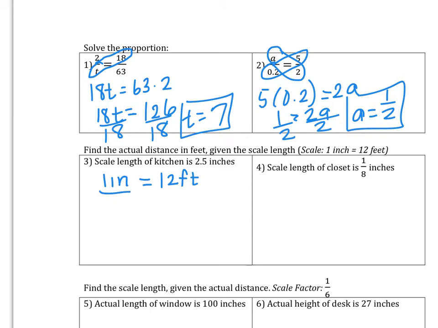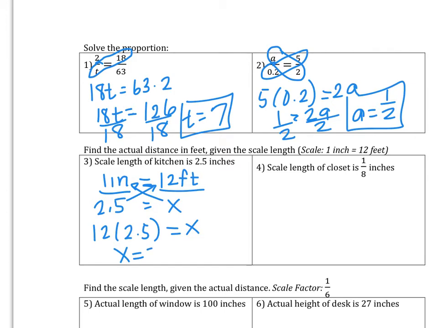And we have 2.5 inches is what we're actually looking at, and we want to know how many feet that actually is. So that's our solving for our x. Cross multiply, 12 times 2.5 equals x. And we multiply that out, and we have x equals 30 feet.